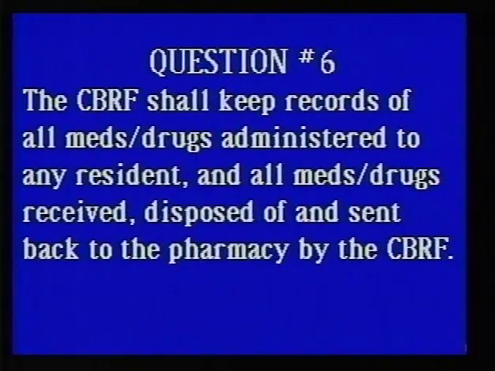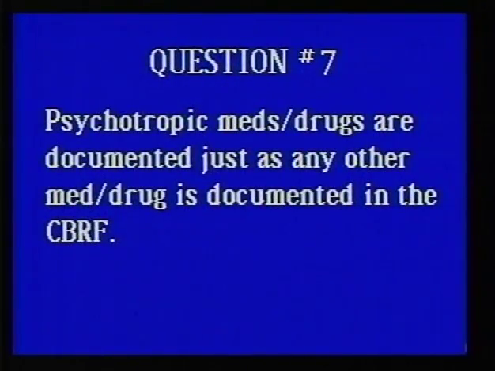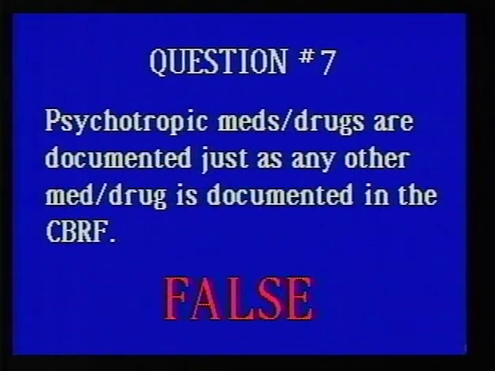Number 6, the CBRF shall keep records of all drugs administered to any resident and all drugs received, disposed of, and sent back to the pharmacy by the CBRF. That's true. Number 7, psychotropic drugs are documented just as any other drug is documented in the CBRF. That's false, and now you know which forms you can use. You know the extra information is being documented to ensure safety of these medicines.